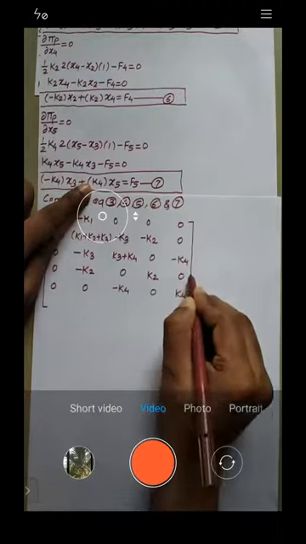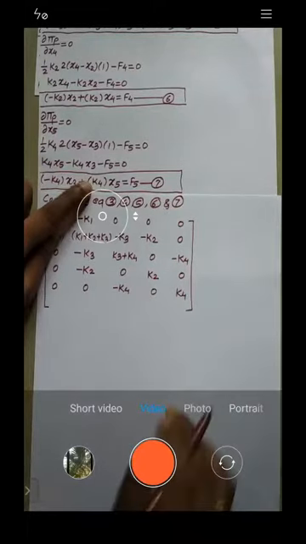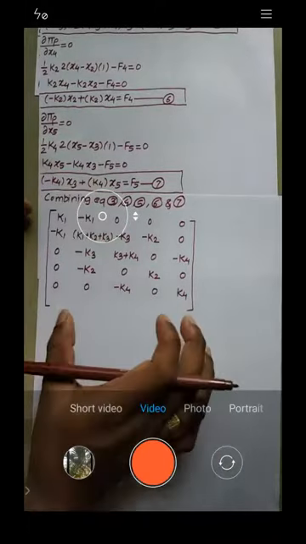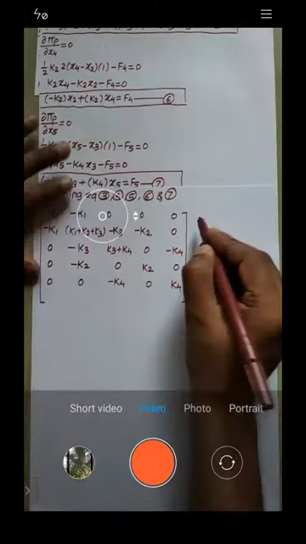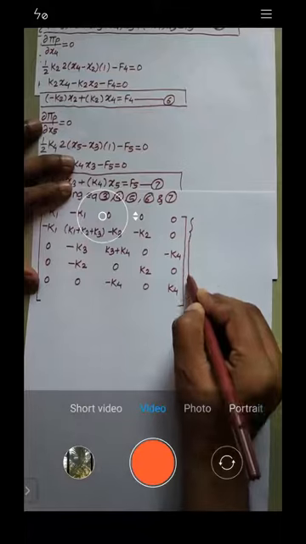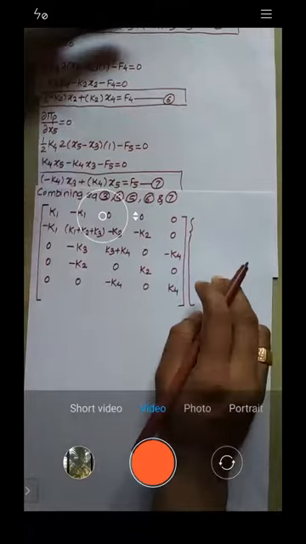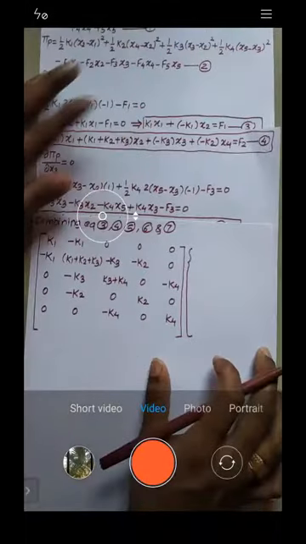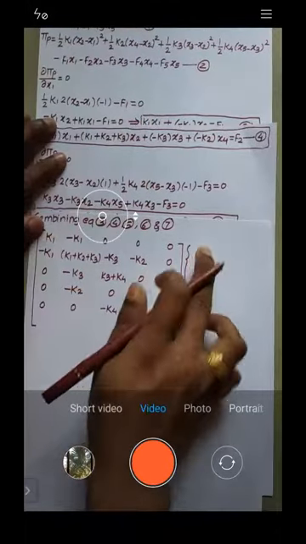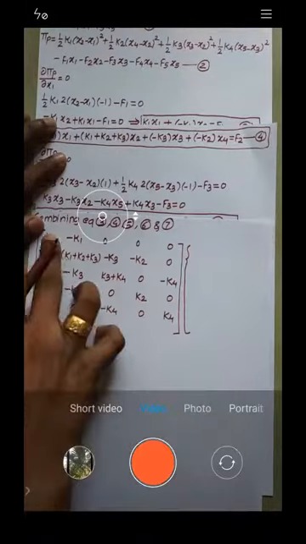Let me know. You understood? Yes, sir. This is nothing but the global stiffness matrix that we have got. So this has to be multiplied by what? Ultimately, by multiplying the row to the column, we need to multiply the first row to this column.